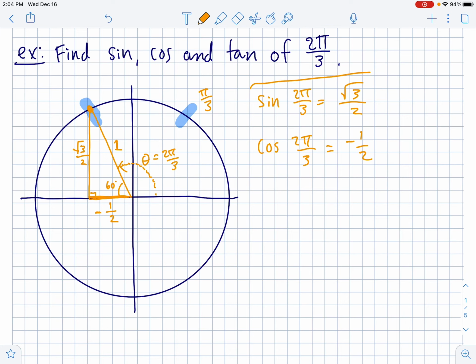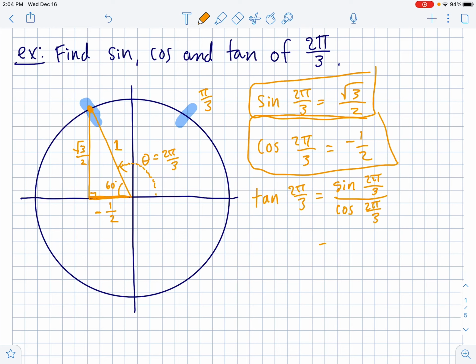Now, tangent, so here I'll start circling my answers. Tangent is slightly more involved because tangent of 2 pi over 3 is going to be equal to sine over cosine. So sine of 2 pi over 3 over the cosine of 2 pi over 3. So this is equal to root 3 over 2, all divided by negative 1/2.